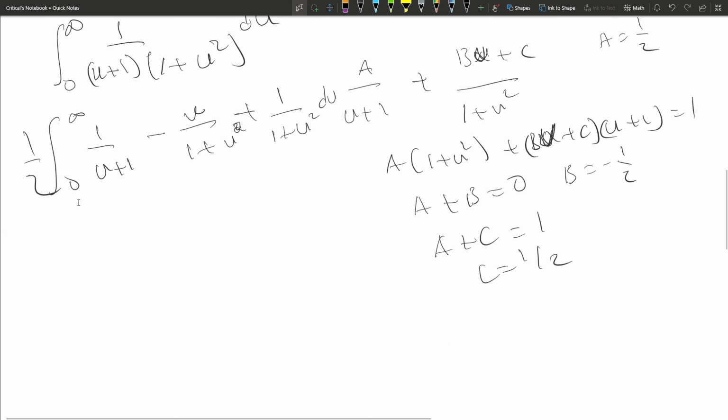And then now we have 1/2. This is just a ln of u plus 1, and then minus 1/2 ln of 1 plus u squared, and then plus arctan of u, and then we're evaluating this from 0 to infinity.